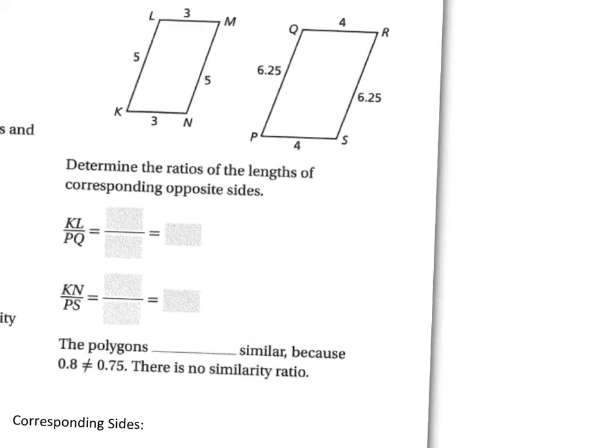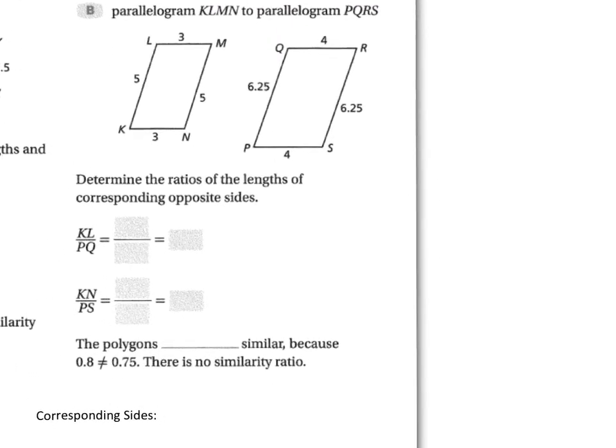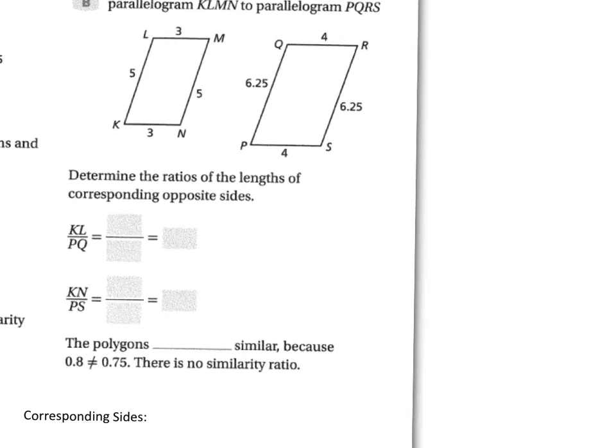Okay, looking at B here, we're doing the same thing. In this case, KL is 5, and PQ, this corresponding side, is 6.25. And if we found the decimal for that, we would see that it's 0.8.